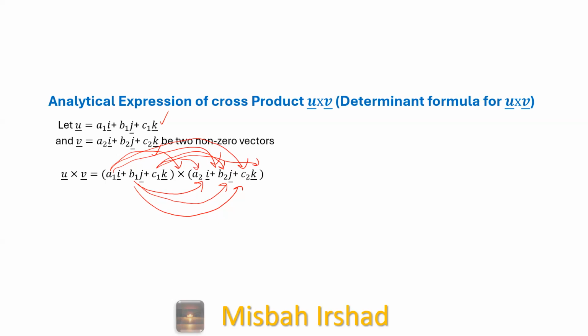So after a couple of simplification steps, we have this: (b1 c2 minus b2 c1) i plus (a2 c1 minus a1 c2) j plus (a1 b2 minus a2 b1) k.